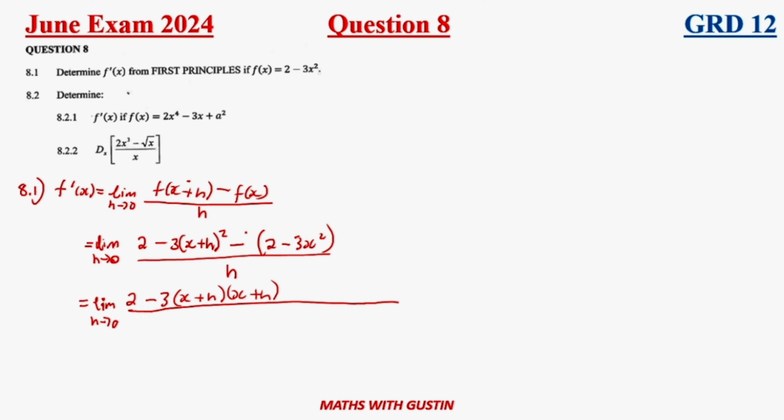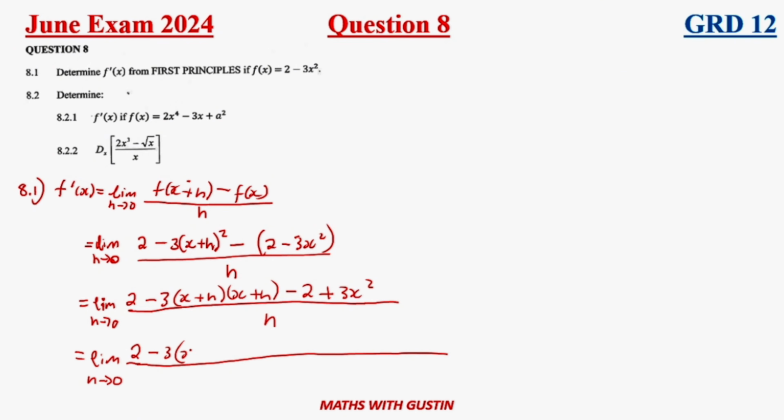So here we can multiply through by the negative: negative times 2 is minus 2, negative times negative 3x squared is positive 3x squared, and then h at the bottom, limit as h approaches 0. Like I said, guys, if you don't write limit h approaches 0, you are going to lose a mark. I have seen that you lose 1 mark for not writing this until it approaches 0.